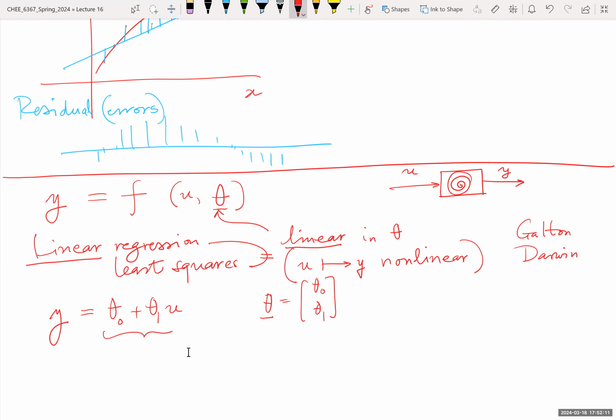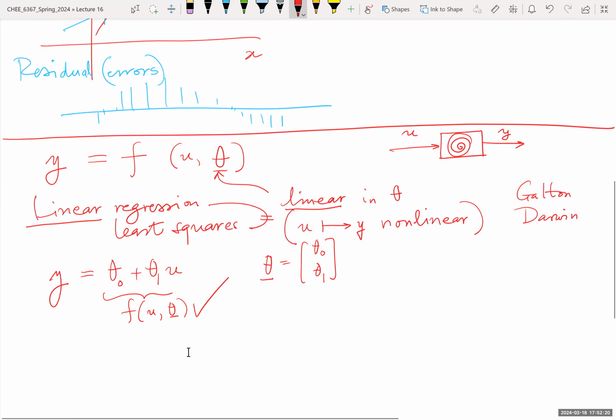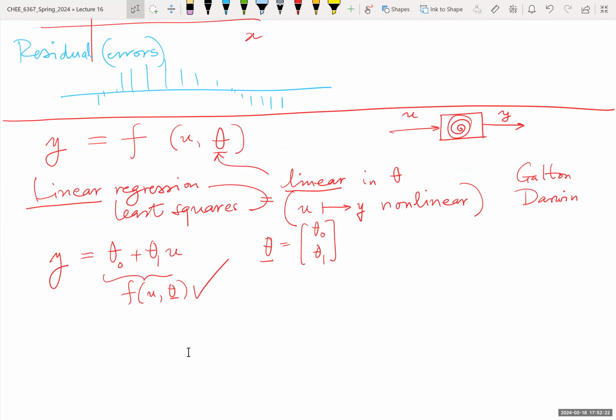Is this right-hand side f of u and theta linear? Yes, check, check. Okay, this is a linear regression problem. I can estimate theta 0, theta 1 by linear regression.